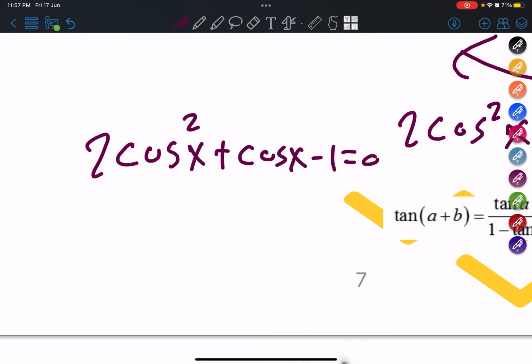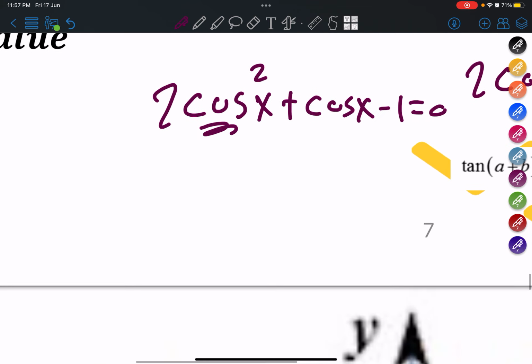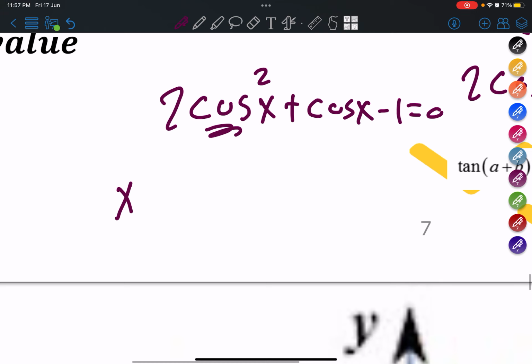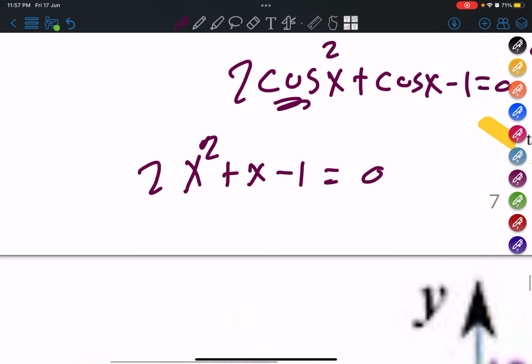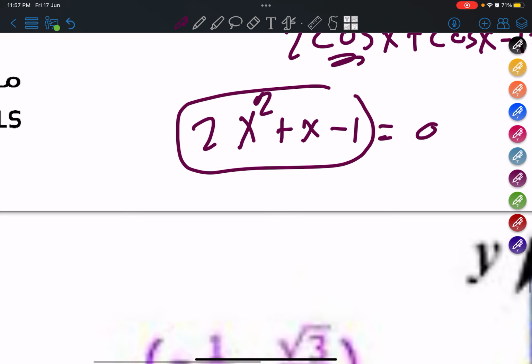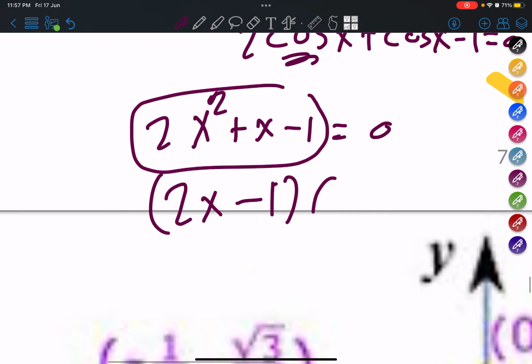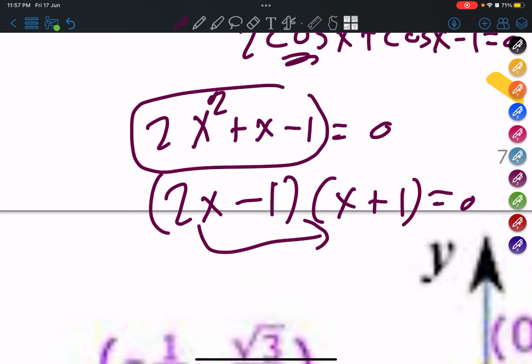If we just don't mind the cosine, this equation looks like 2x squared plus x minus 1, which equals 0. And we can factor it into 2x minus 1 times x plus 1, which will equal 0. So if we multiply first by first, first by second, second by first, second by second, we'll get this equation again.